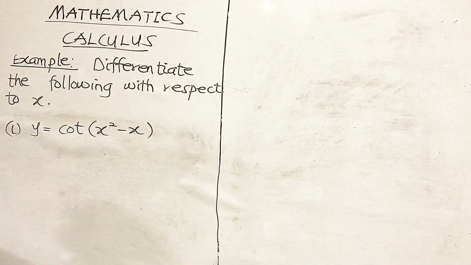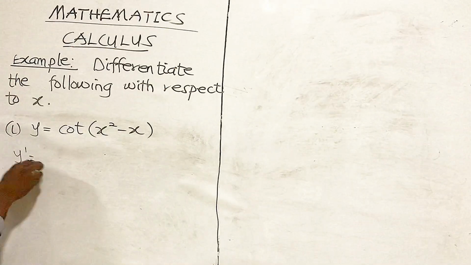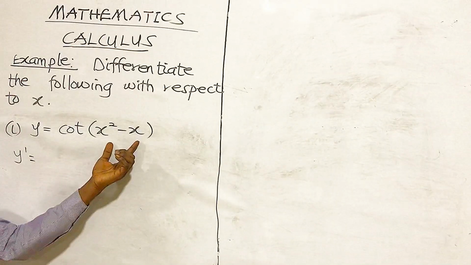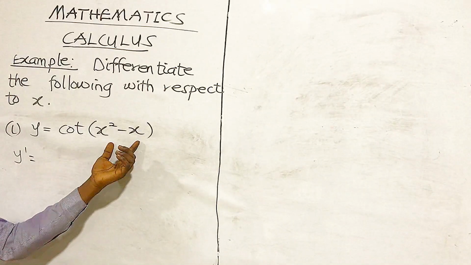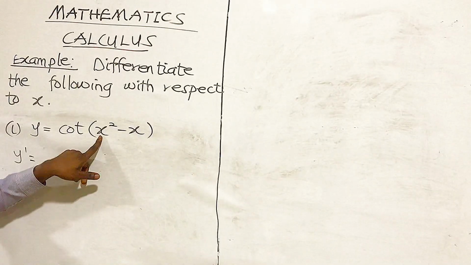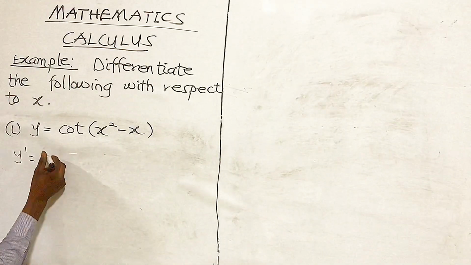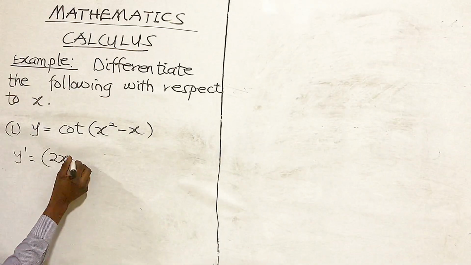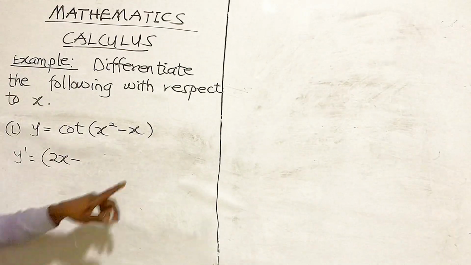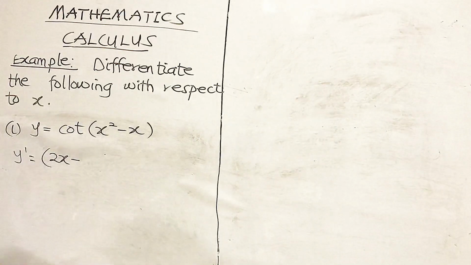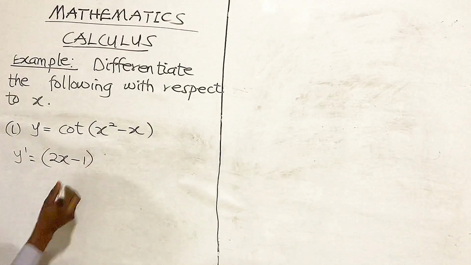Before we can differentiate this, we are going to start from the bracket. And when I differentiate x squared, I have 2x minus, and when I differentiate x, I have 1.